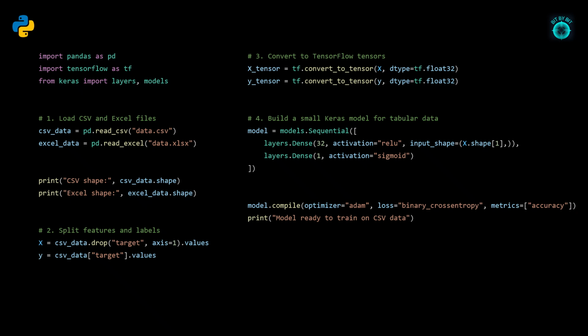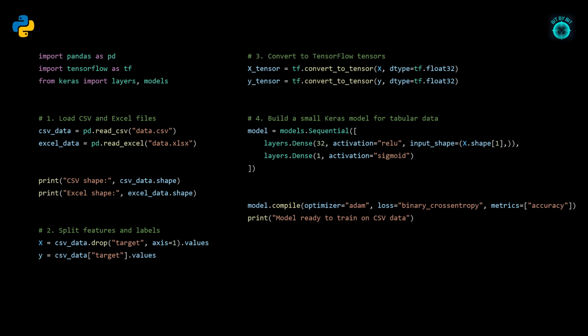Next, we separate our data into features and labels. In this example, the column named Target is our label, and all other columns are used as input features. We then convert these NumPy arrays into TensorFlow tensors using convert_to_tensor to make them compatible with Keras. Finally, we define a simple sequential model for binary classification.